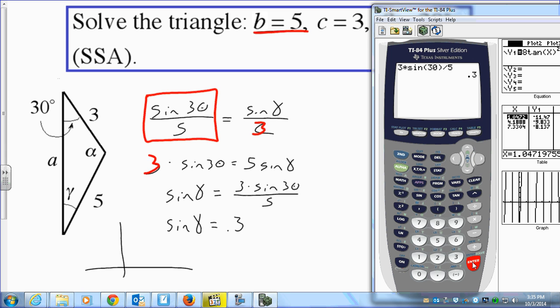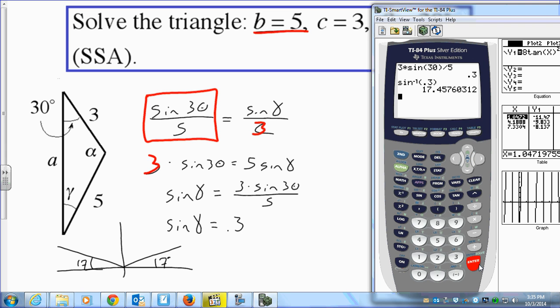If I do inverse sine here, I only get one angle, my principal angle, quadrant 1 angle, that's 17 degrees. Okay? But we know that sine's also positive in quadrant 2, with a reference angle of 17 degrees.